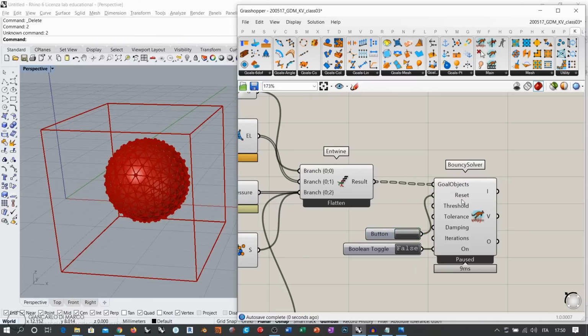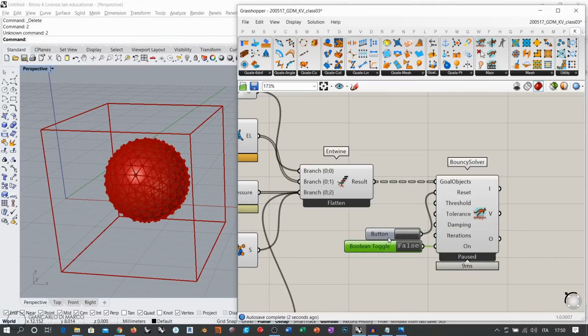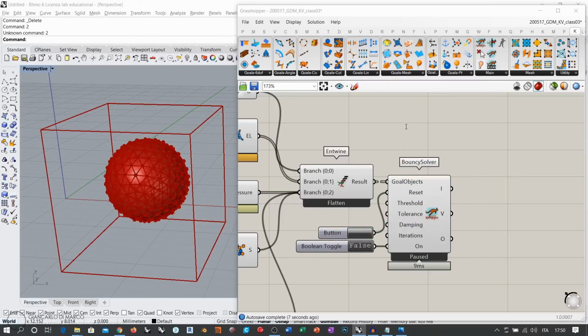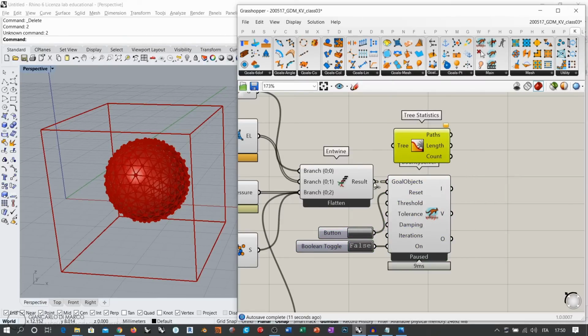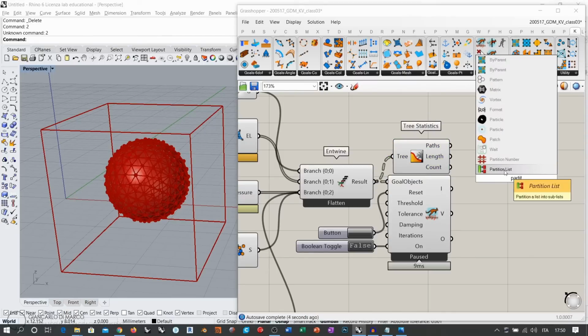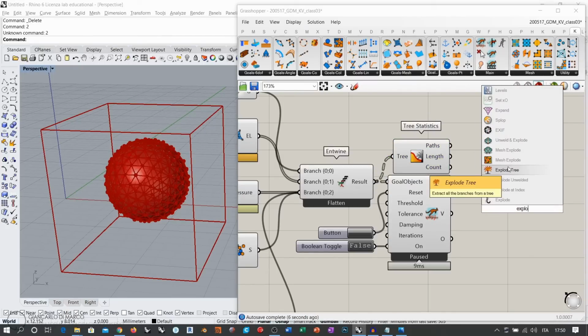So we have this, and also we can just set up the whole Kangaroo block with the tree statistics and the partition list and the explode tree as well.